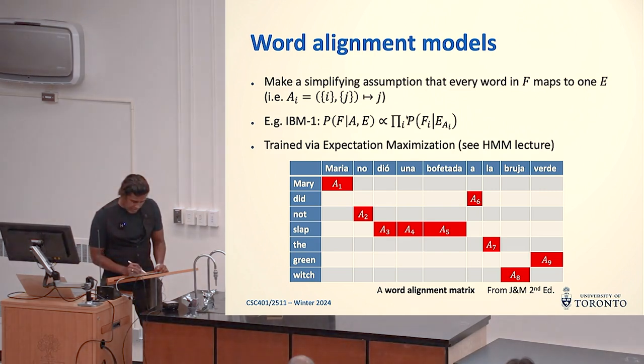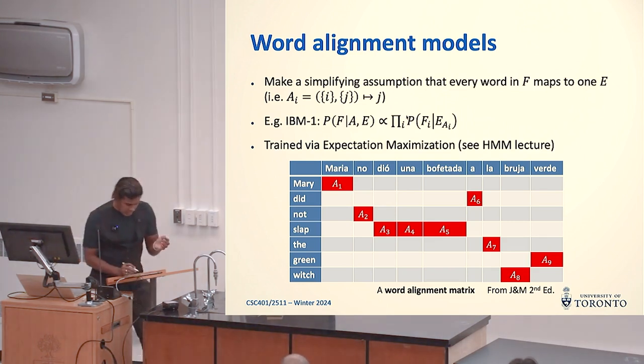So in this table at the bottom, this is really not French, this is Spanish, but let's say this is the foreign language. If we look at it, every source language word has a corresponding English word, and it's not vice versa.